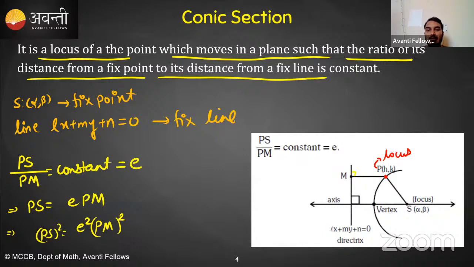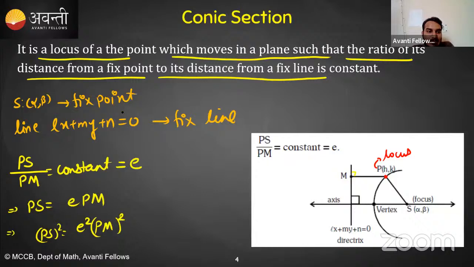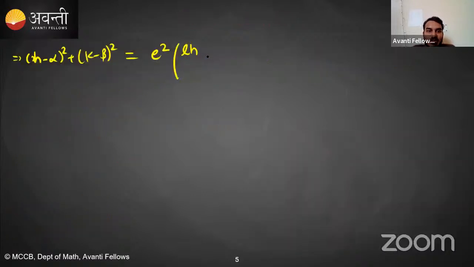The distance of any point from a line is: put the point in the line, divided by the under root of the coefficient of x square plus the coefficient of y square. So the line is lx + my + n; put x, y as h, k. So it is (lh + mk + n) upon under root of l square plus m square.